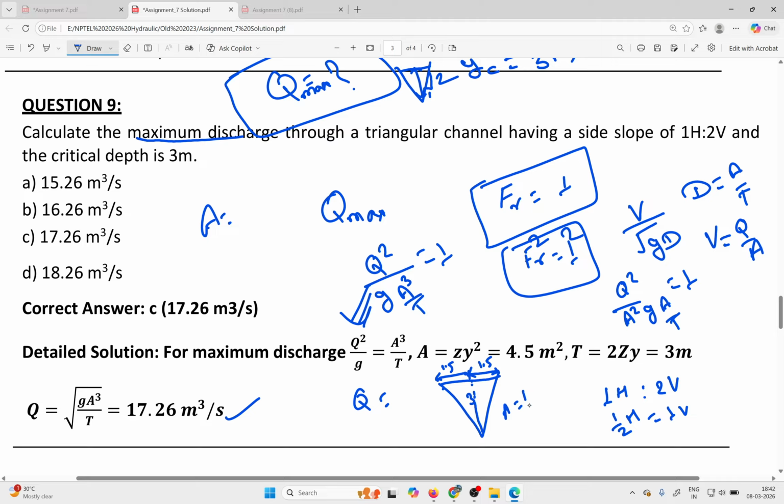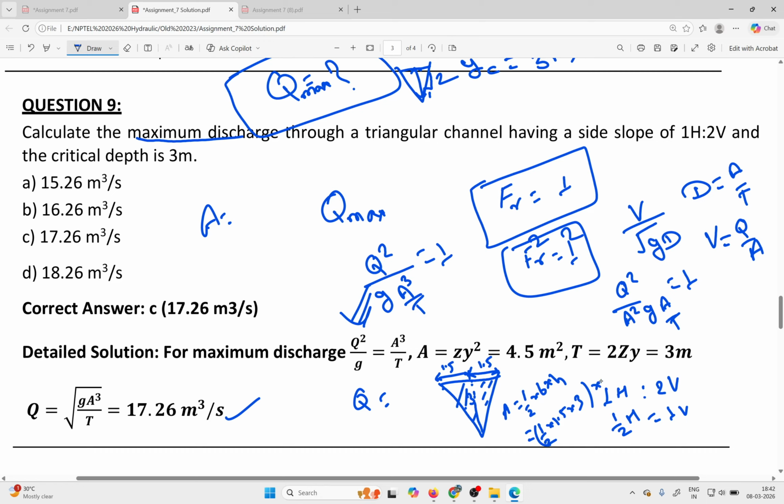Area is nothing but half B into H. If you calculate the half first, I am telling this because if someone is not able to calculate, I am telling it in a simple way. So half B is 1.5, H is 3. Similarly you have two triangles, so you multiply with 2.